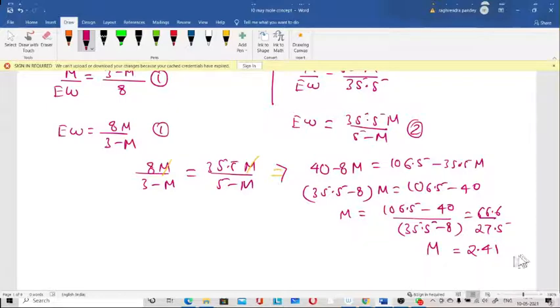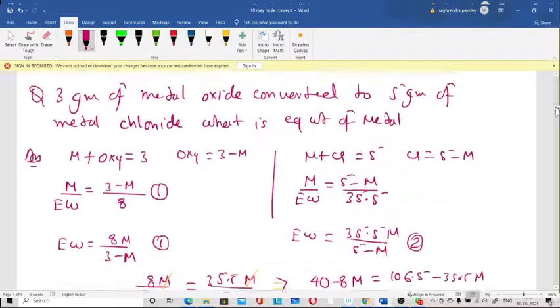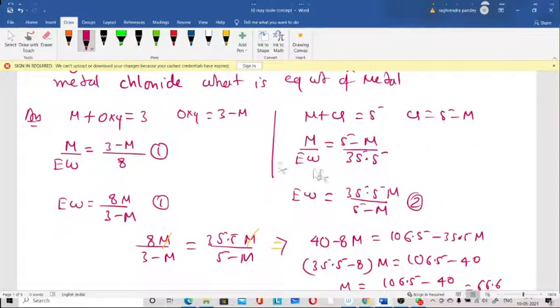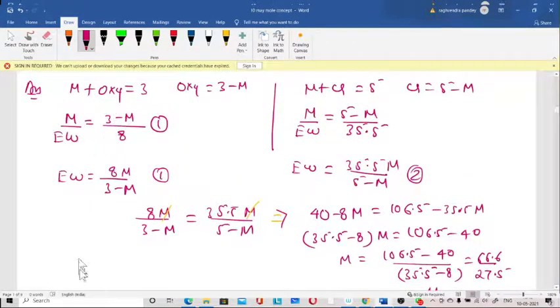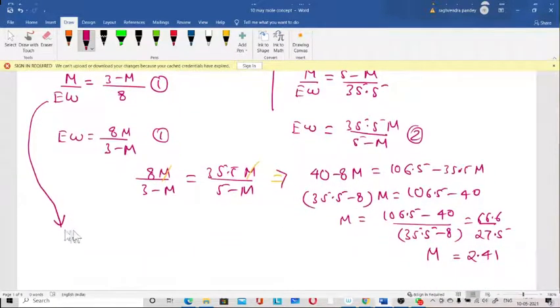Okay, now you have to find the equivalent weight. So now you can put this value here, either in this equation or this equation. So I am putting 2.41 in this equation. 2.41 upon equivalent weight is equal to (3 minus 2.41) divided by 8.